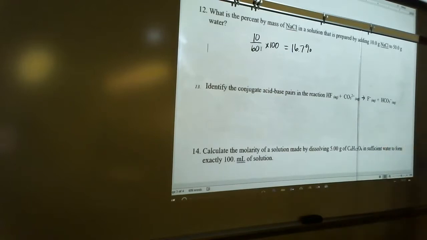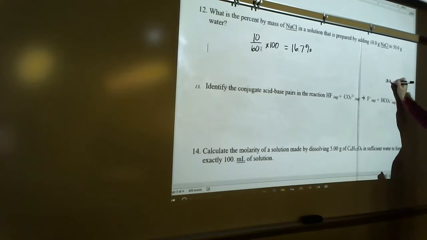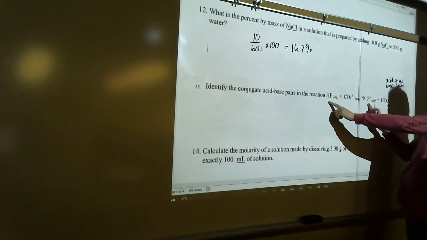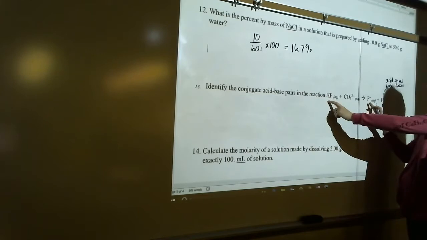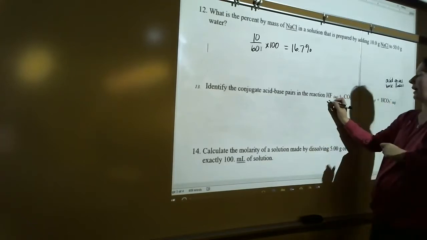Okay, let's do number 13. Remember, acid donates, acid gives, base takes, right? So HF becomes F minus, so did it give or did it take? It gave. So does that make it the acid or the base?